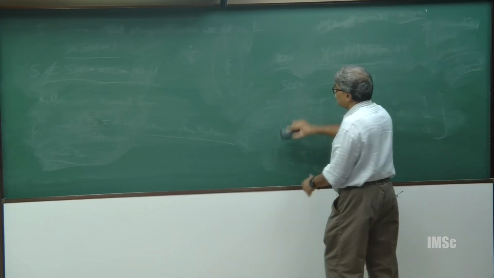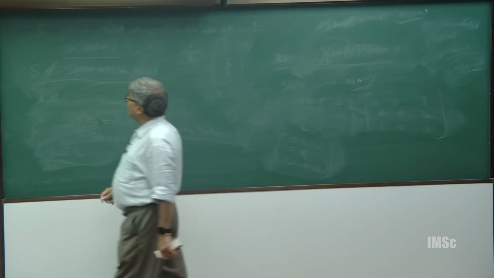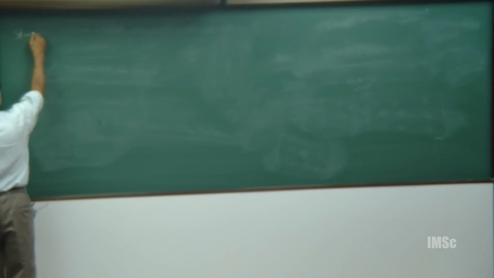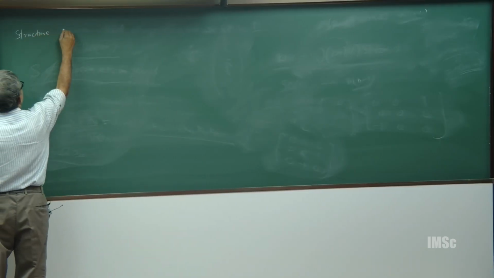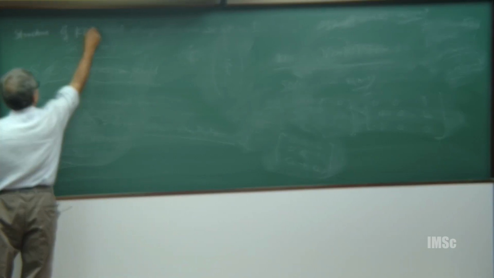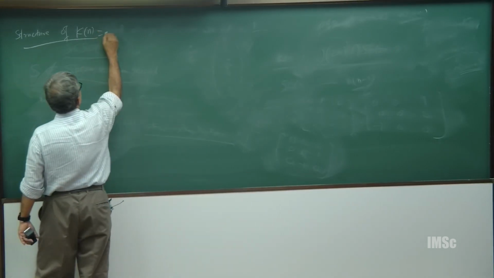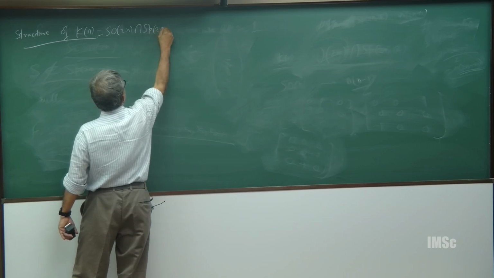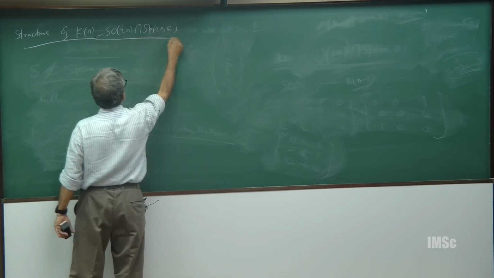For that, what we are looking for is the structure of K n, which is SO(2n) intersection Sp(2n,R). So what is the structure of this?